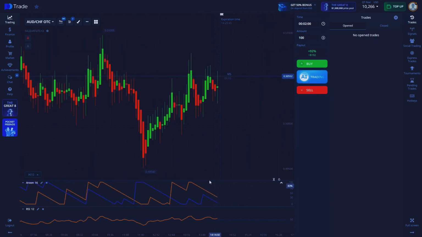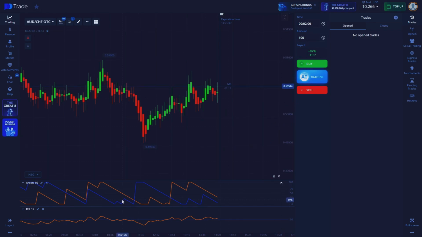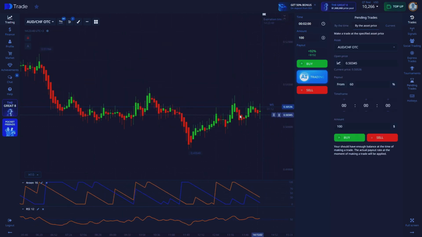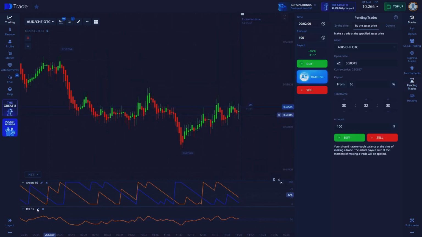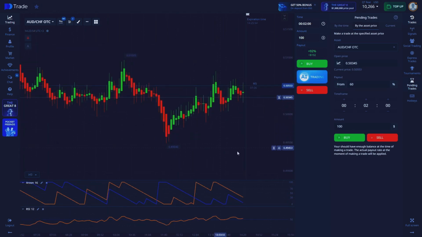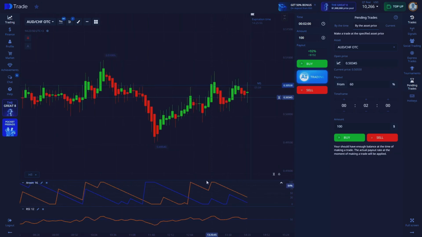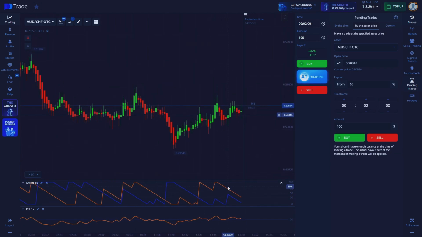So what is the essence of this strategy? The essence of the strategy is that we need to find the intersection both in the first histogram and in the second, so that the lines of the indicators intersect. I told you incorrectly. The yellow line should intersect the blue line. It doesn't matter in which direction.